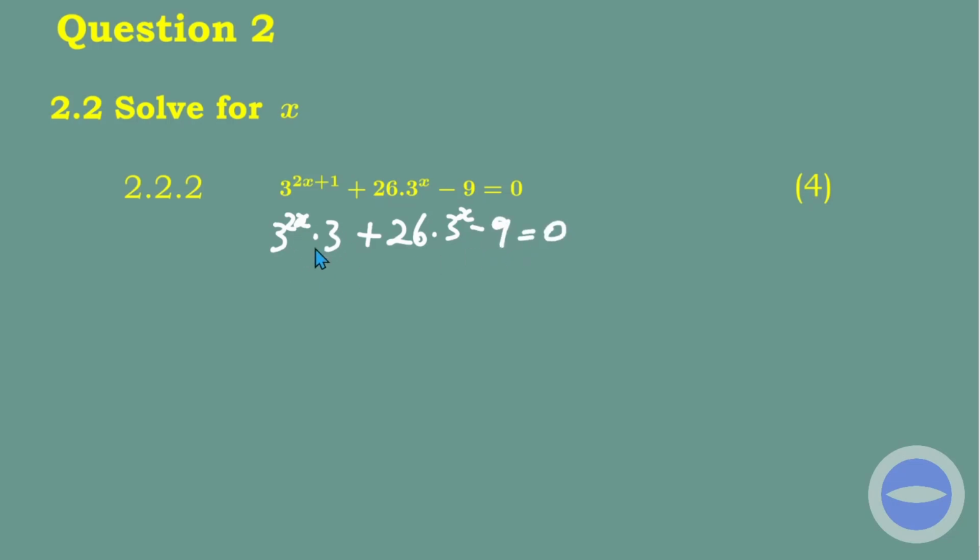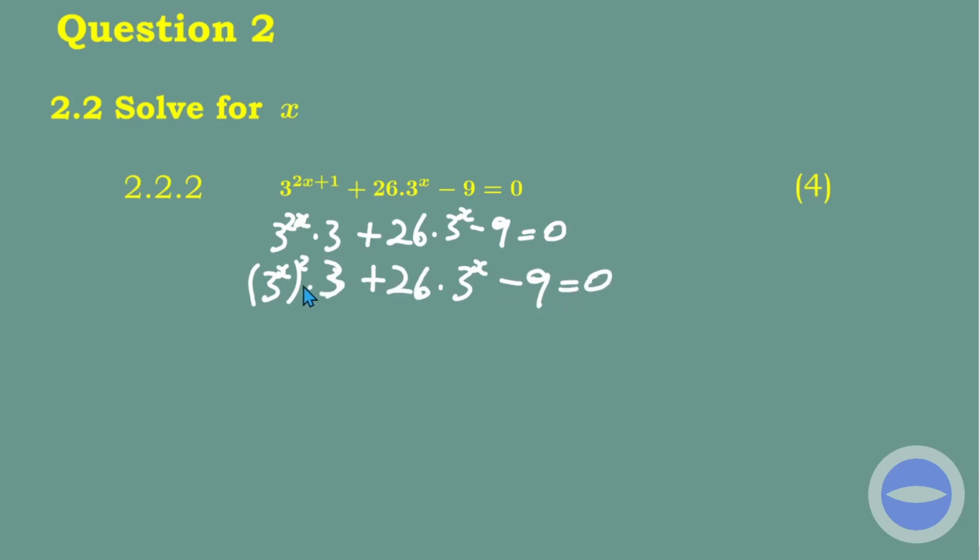And then from here, because I'm going to factorize, I can say 3 exponent x squared multiplied by 3 plus 26 multiplied by 3 exponent x minus 9 equals 0.